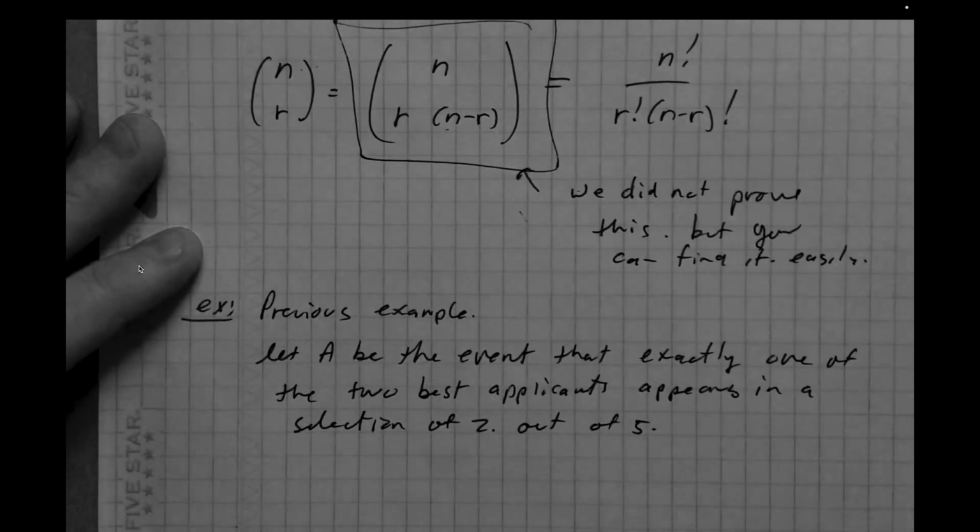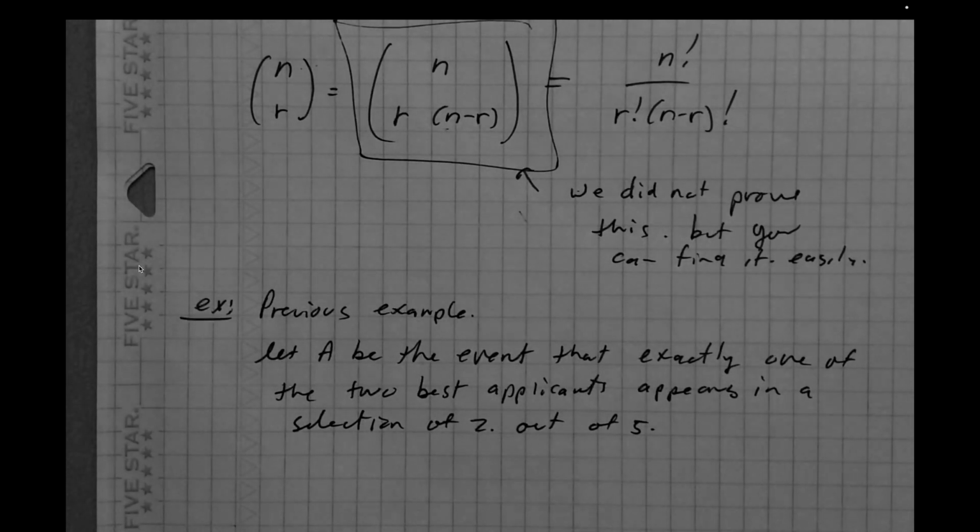All right, so again, back to that employer example. An employer is going to select 2 applicants randomly from a pool of 5, and we're going to let A be the event that one of those 2 that is selected is one of the best 2 applicants. Okay, so you got 5 applicants, 2 of them are the best 2, and you're going to randomly select 2, and A is the event that one of those 2 that you select is one of the best 2 applicants.